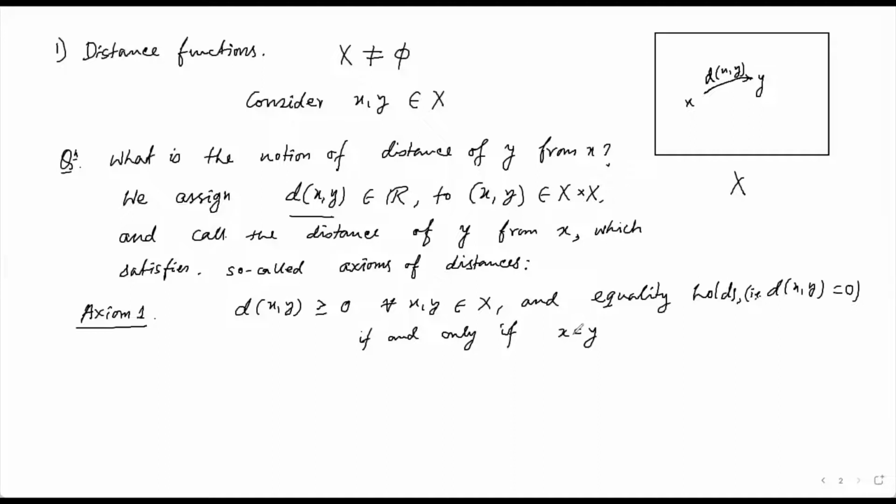So the distance from a point to itself is 0, and when the distance between x and y is 0, then the 2 points must be identical.